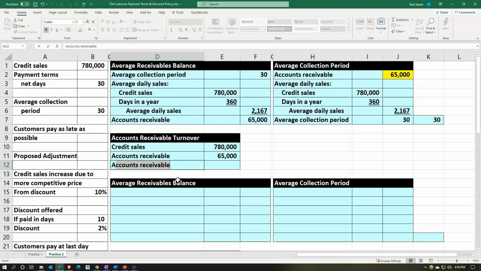That's going to give us the accounts receivable turnover, which is going to be equal to that 780,000 divided by 65,000. Let's put an underline here, Home tab, Font group, Underline. Let's add some decimals here just in case. Home tab, Number, add a couple decimals. So it looks like 12 even.